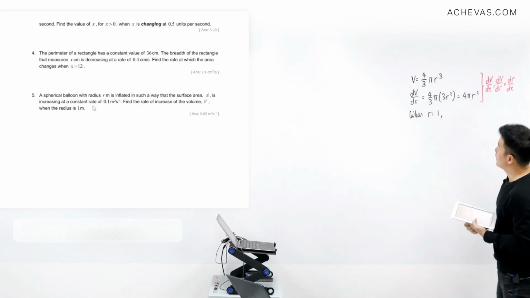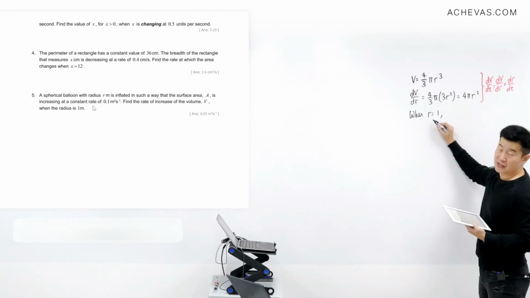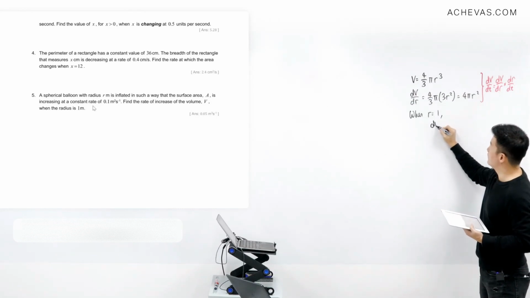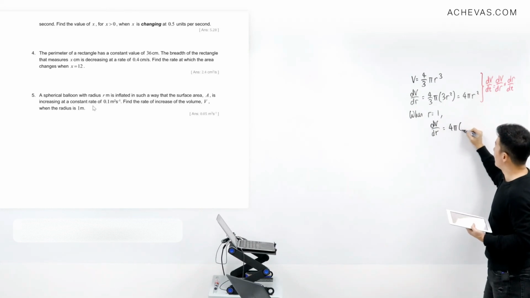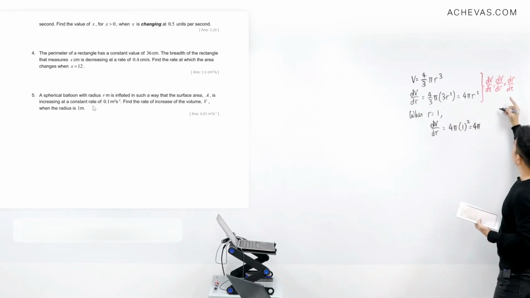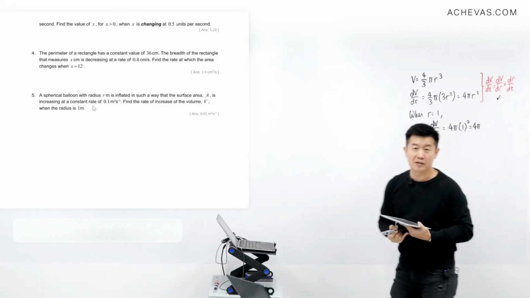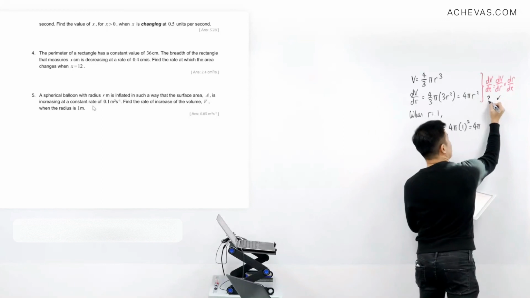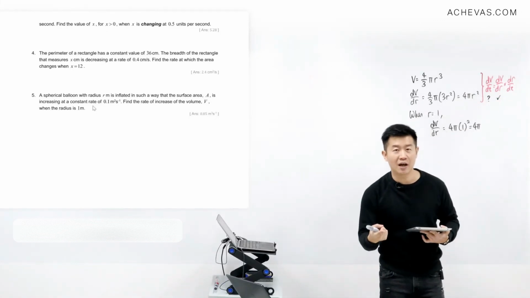So when r is 1, dV/dr is 4π times 1 squared, which is 4π. But dr/dt is still missing, and the question didn't actually give us dr/dt. We need it, so how do we find dr/dt?